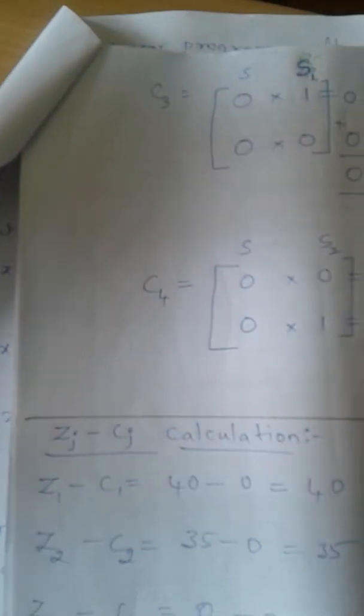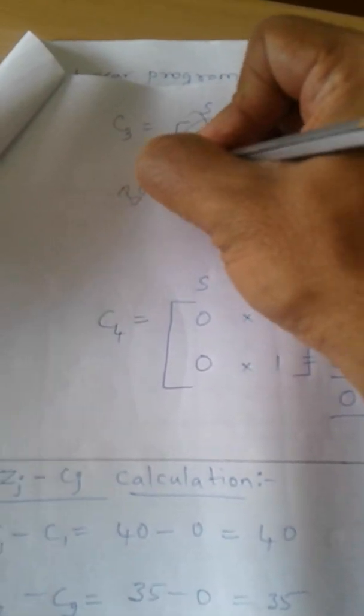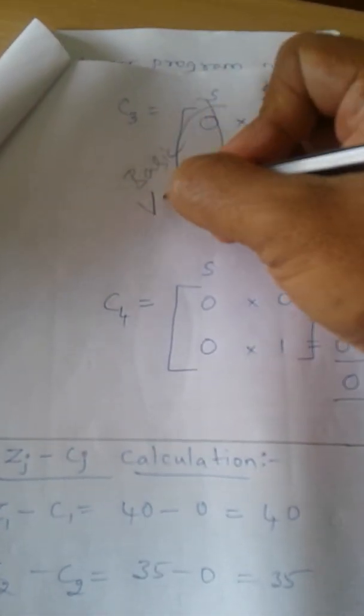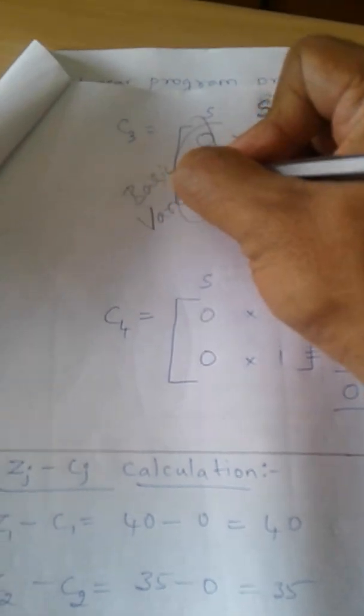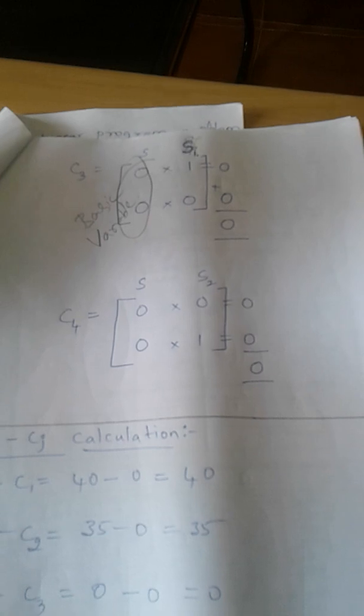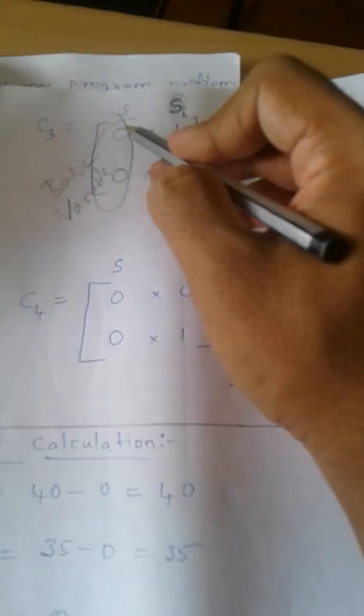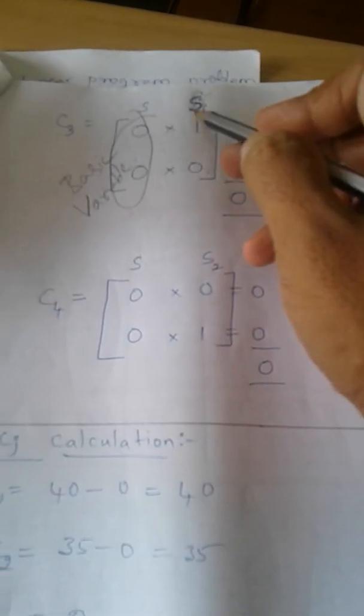Next, the C3 value. How to consider the C3 value? Again, this is the basic variable column, and this is the S1 column in the previous table. The S1 column was 1 and 0, so that is the reason we have written 1 and 0.